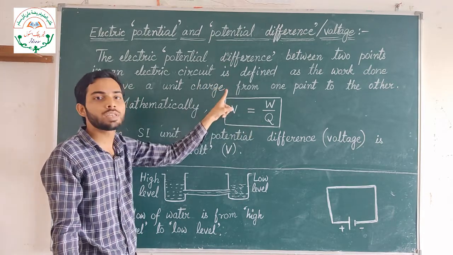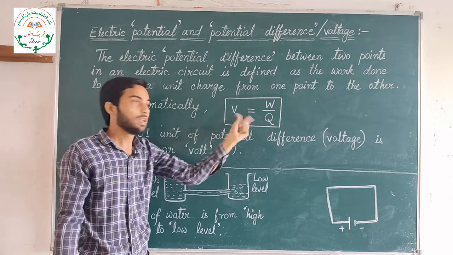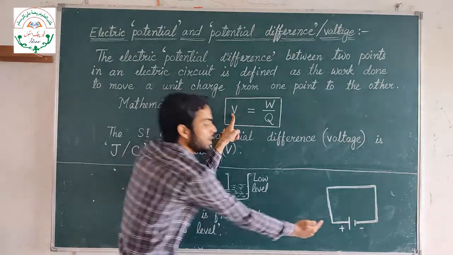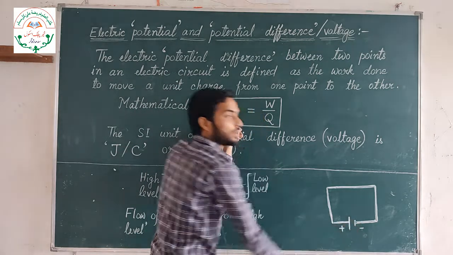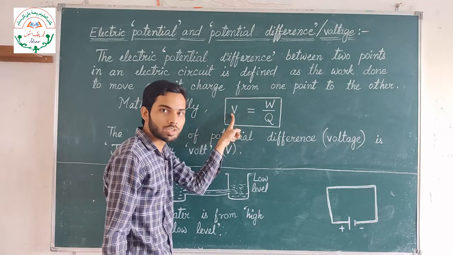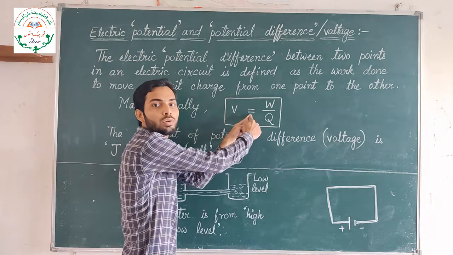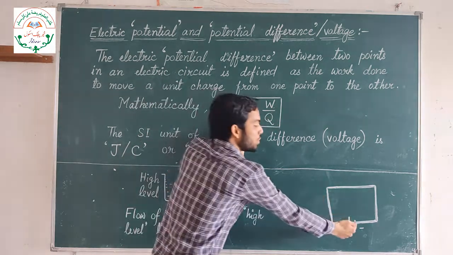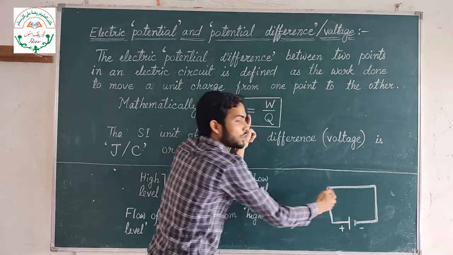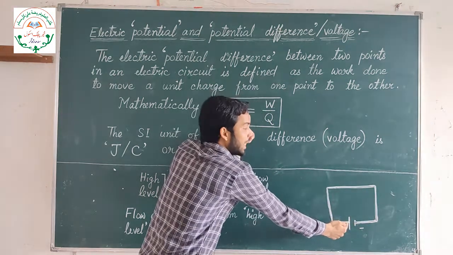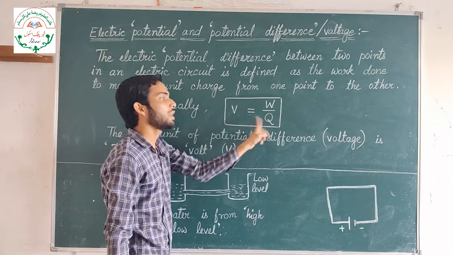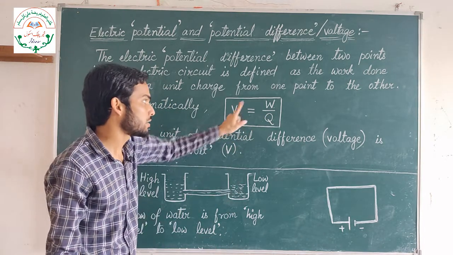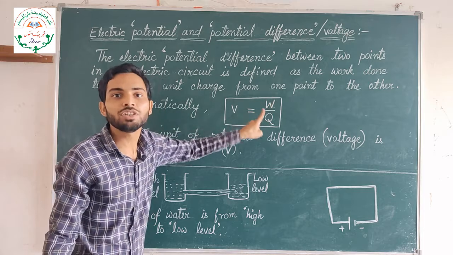What this formula is saying is that the voltage or the potential difference between 2 points in a circuit is equal to the work done in moving a unit charge from one point to the other divided by the charge. This means voltage is defined as the work done per unit charge.